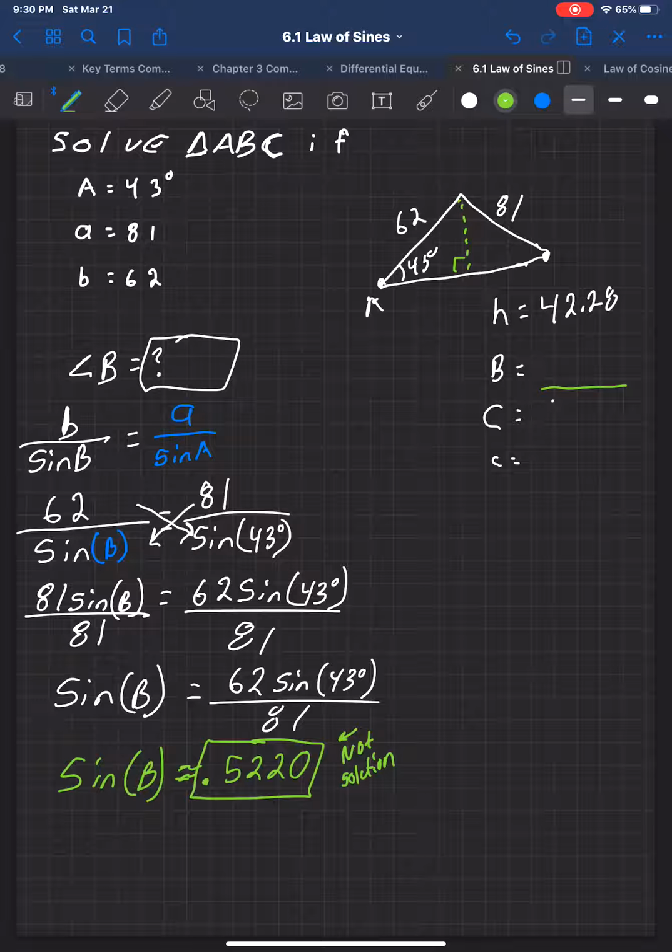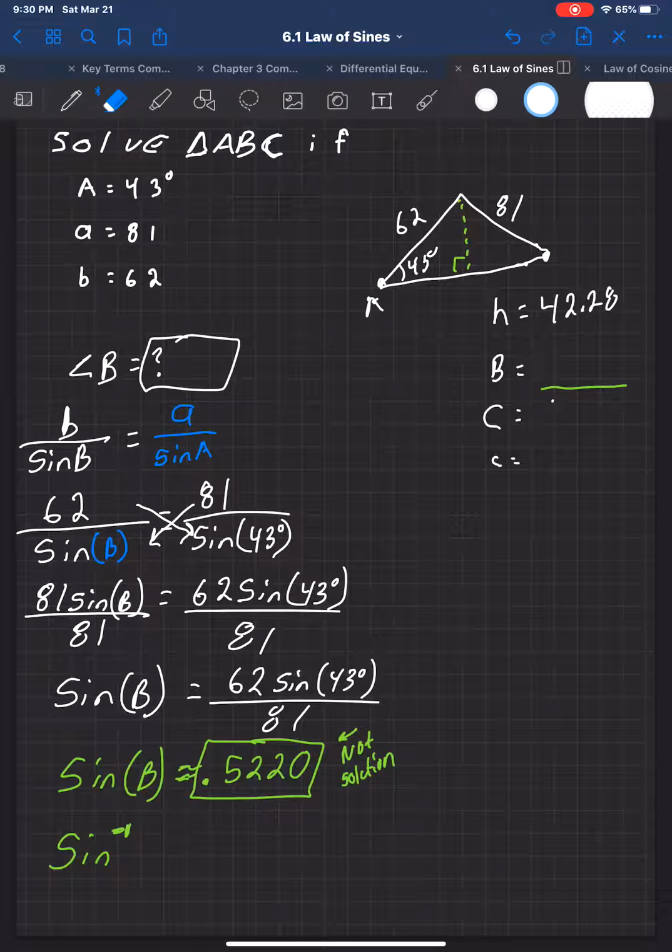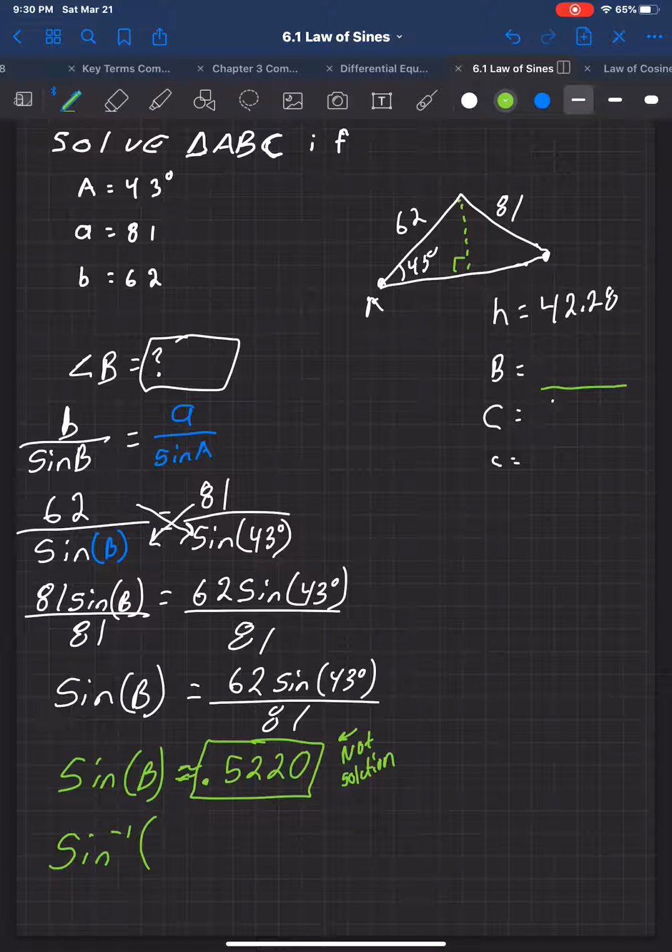If you want to find an angle, you're going to have to use sine inverse. Just keep that in mind: if you didn't use sine inverse throughout this process, you did not find angle B. So sine inverse of 0.5220.